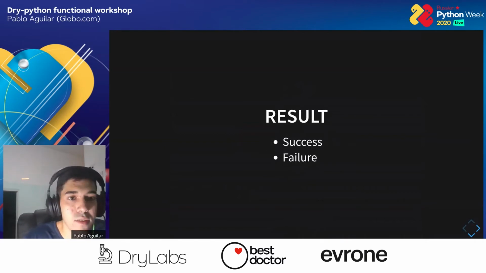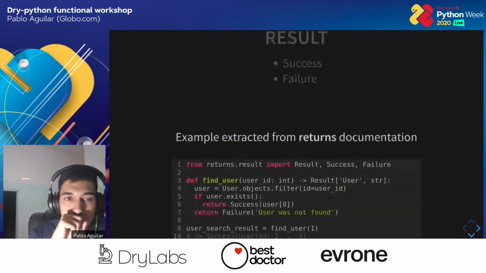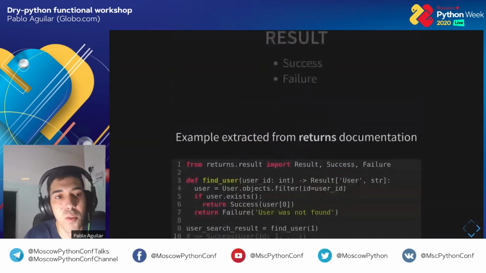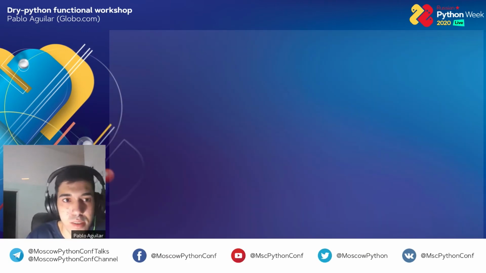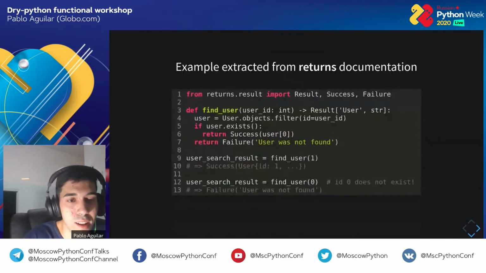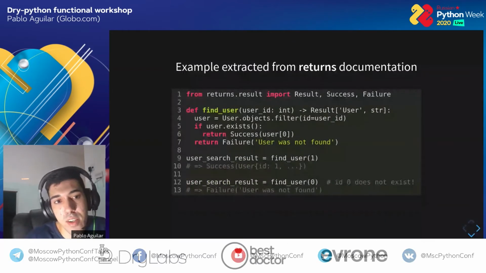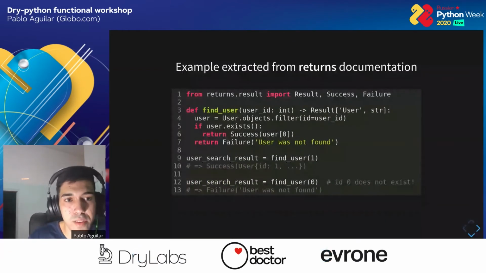I extracted this example from the returns documentation. As we can see, it's just like our parse function when it returns the parsed argument or returns an exception. Here, if the user exists, we just return success, and if the user does not exist, we return a failure.